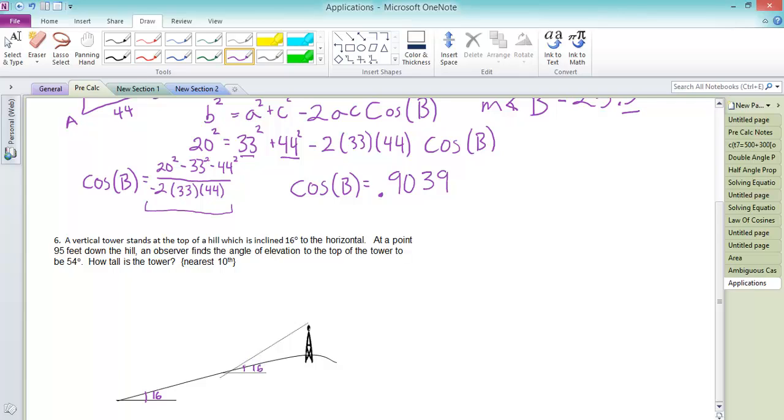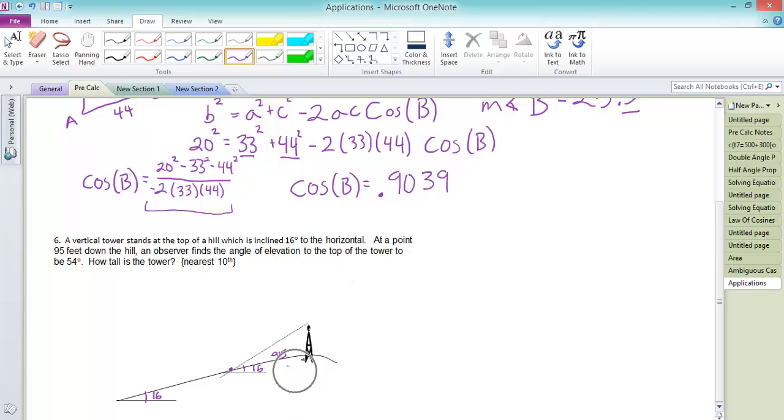At a point 95 feet downhill, an observer finds that the angle of elevation to the top of the tower is 54 degrees. How tall is the tower?